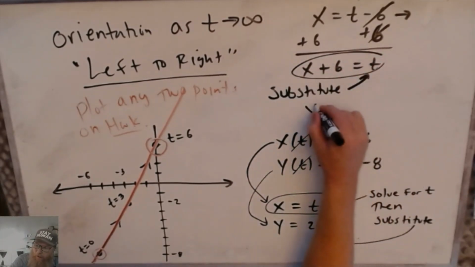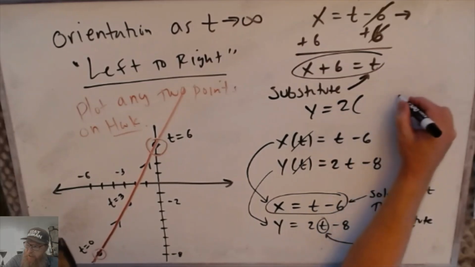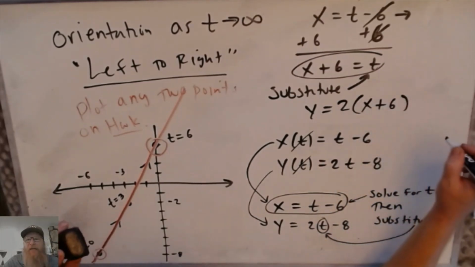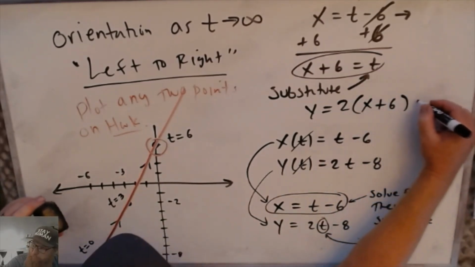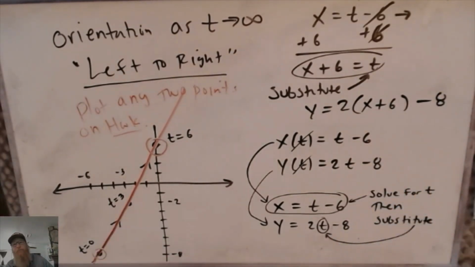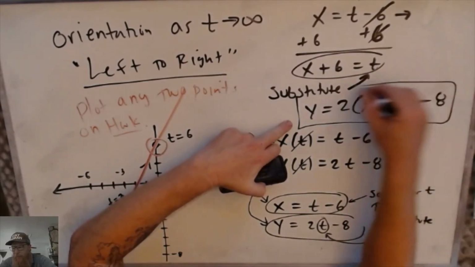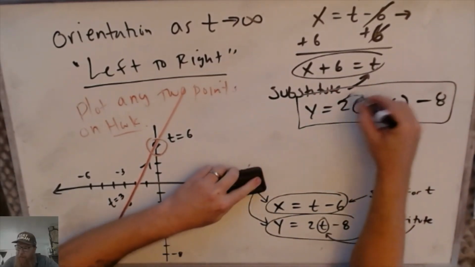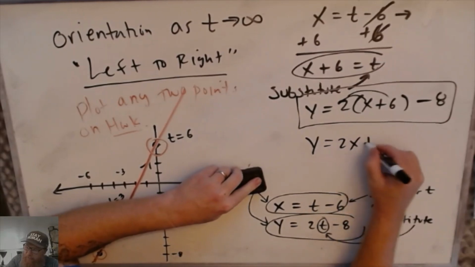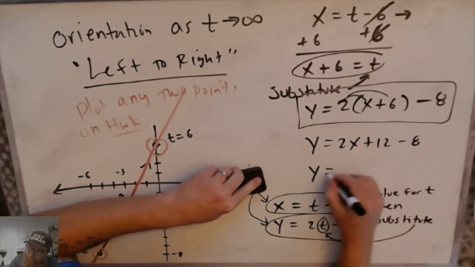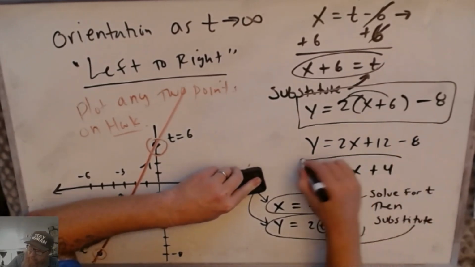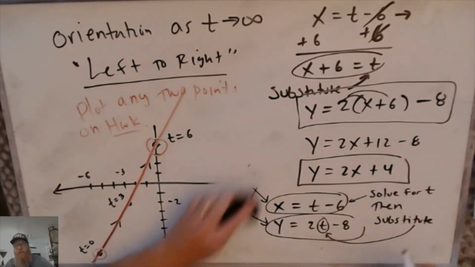So we have y equals 2 times x plus 6 minus 8. So I'm taking this equation here, y equals 2t minus 8, and I'm substituting it. And then I'm going to simplify. And there's that original problem that I just explained.